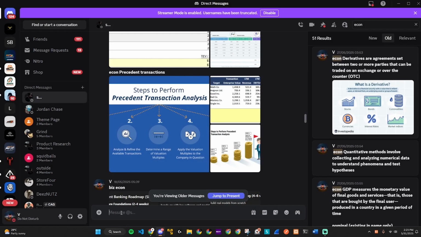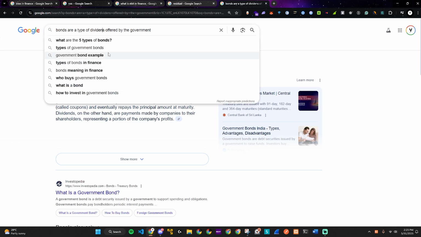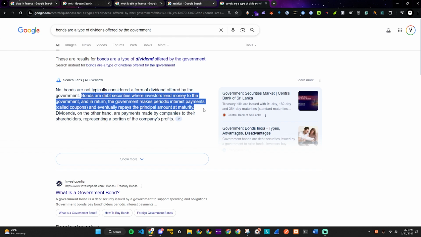So dividends are only for the shareholders of a company. And then on the other hand we have the bonds, which are debt securities where investors lend money to the government, and in return the government makes periodic interest payments called coupons, eventually repays the principal amount at maturity, right?